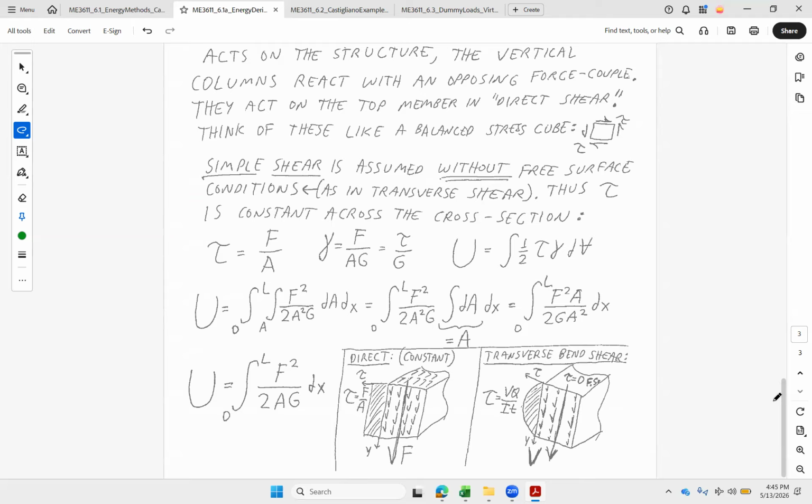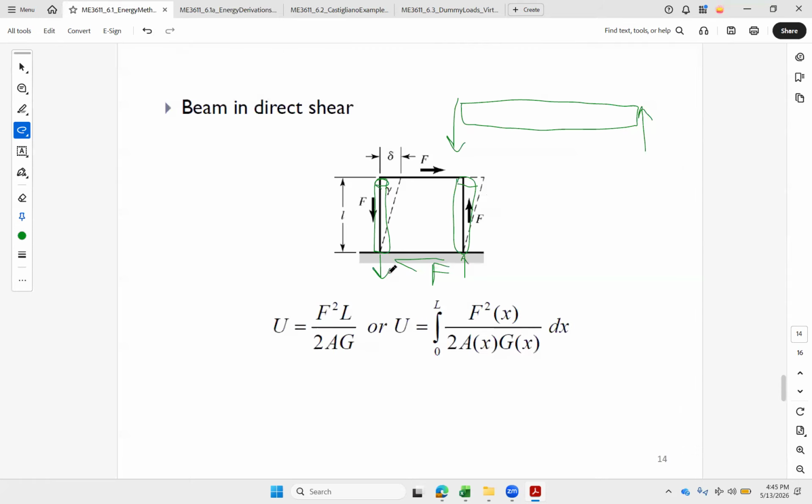That means it's constant though, so everything comes out right away. Half tau gamma, F squared over 2A squared G. dA becomes an area, and we're left with F squared over 2AG dx. And that'll be constant along the length because the load is only applied on the ends.